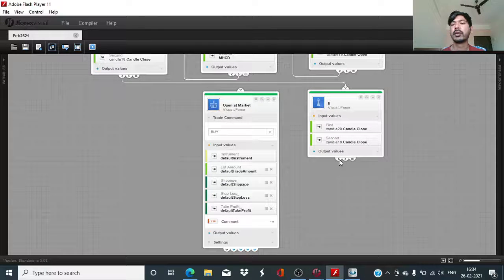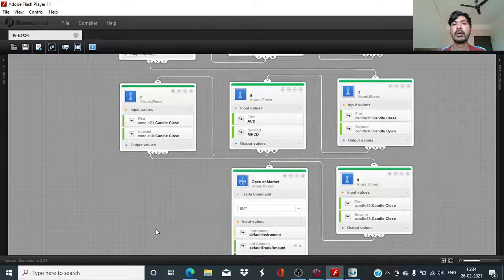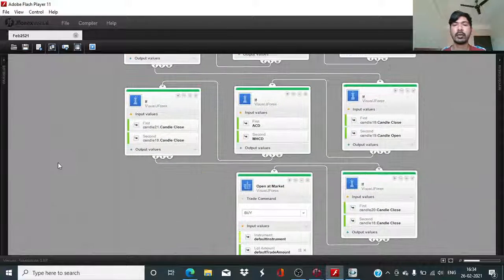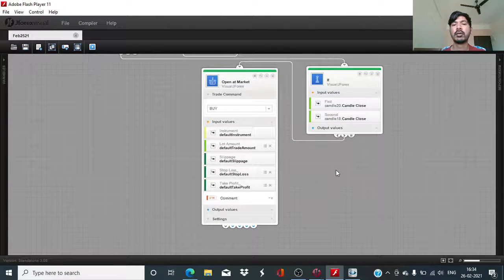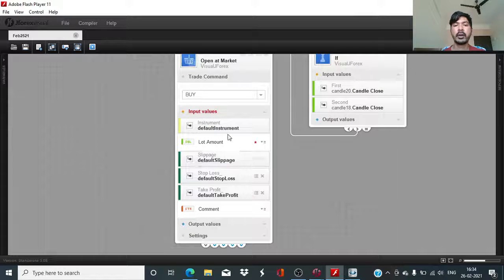First input greater than second input, and here lot amount is going to be as per the equity.